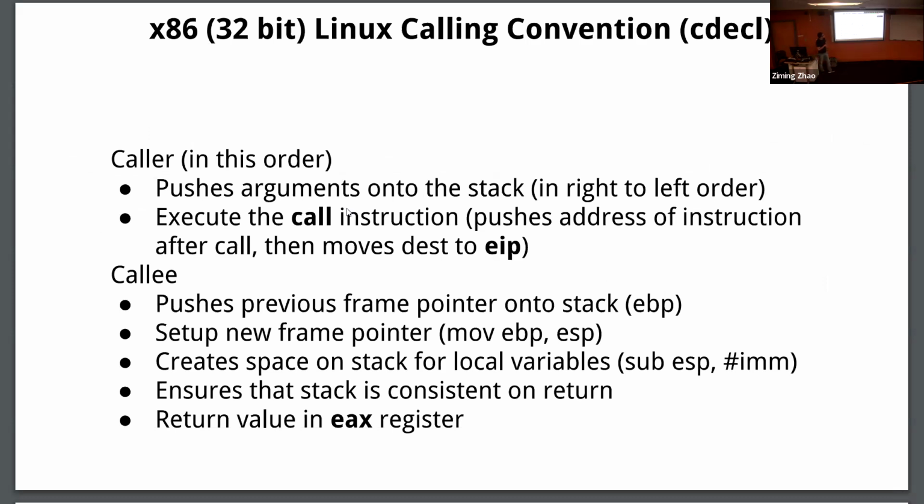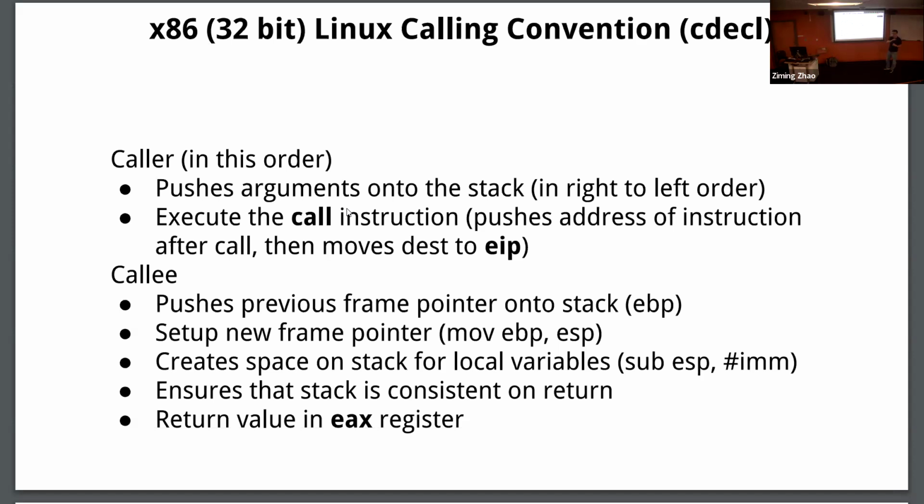The standard calling convention is this. It's also called stdcall, or the standard calling convention. So the caller in this case will do these things. Then the callee will do these things, besides the business logic of the function, right? So the caller will first push all the arguments onto the stack. I'm talking about 32-bit, not 64-bit.